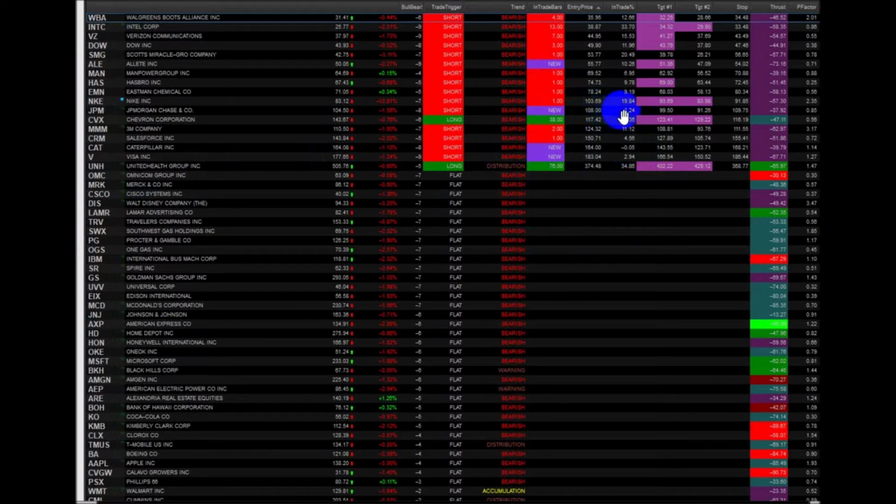This is a new trigger that's 3% that still has a ways to go before it hits its target, another $5 yet to go. Here's a new trigger that's already 10%, but if you get them where they're close, like this one, Visa, 2.94%, target looks like at 166, it's currently at 177. You could theoretically enter a trade here, run the stop, and execute this because it's a brand new trigger.